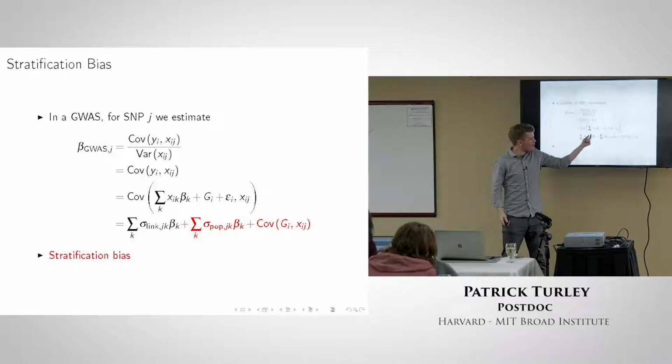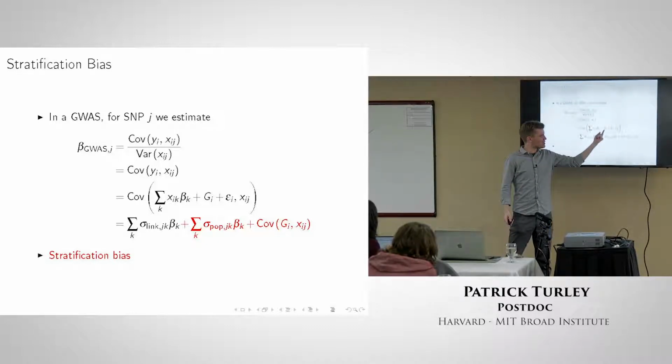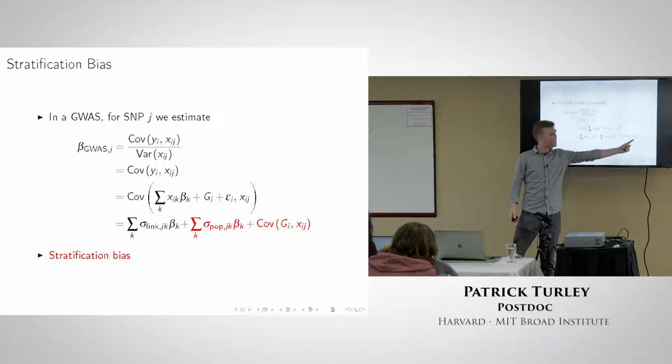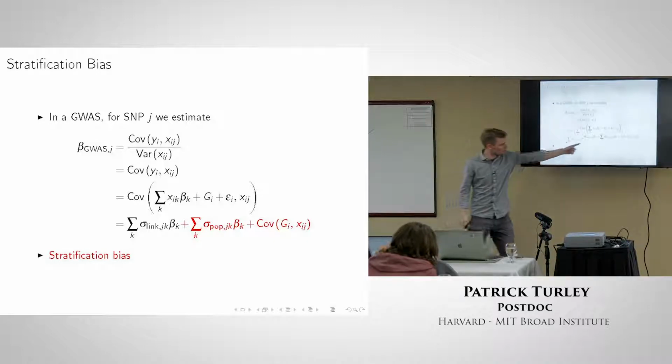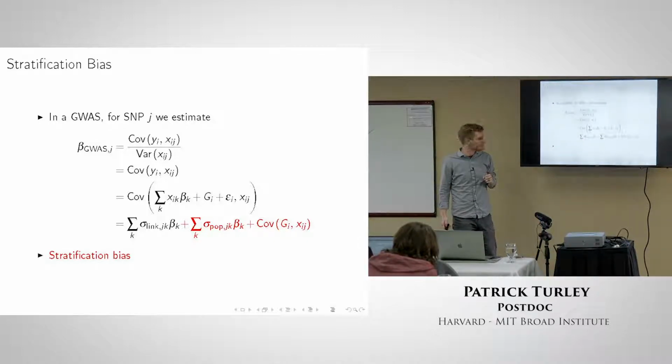So there's going to be a bunch of covariances between xj and xk. And those covariances can be separated into the covariance due to linkage and covariance due to population structure. There's also going to be a term for the covariance between xj and this g. And then we've assumed that x is independent of the epsilon. And so this is what we have left.